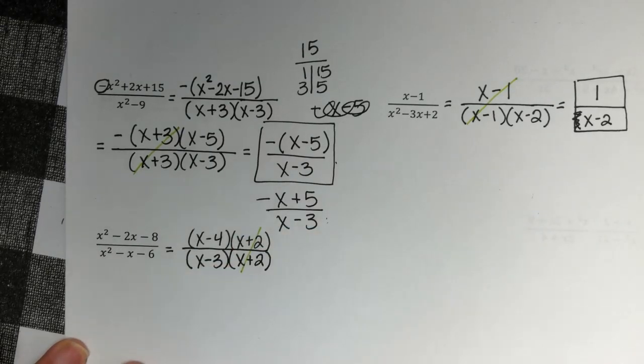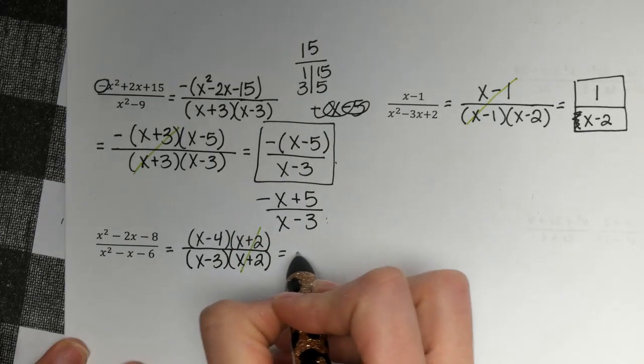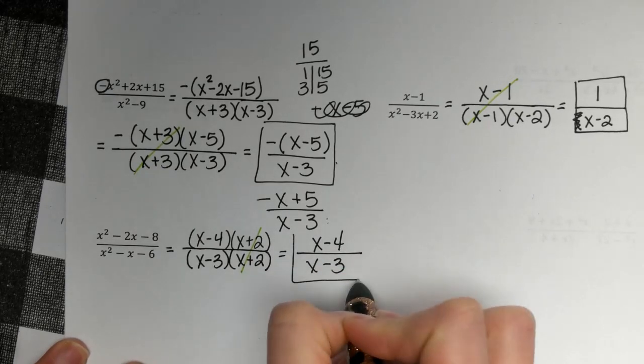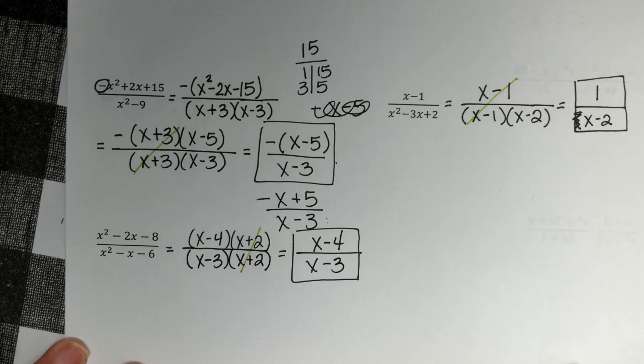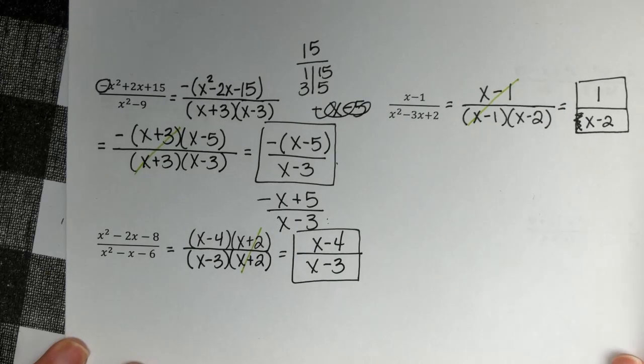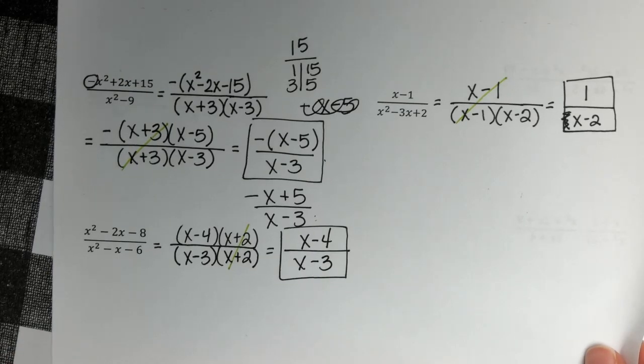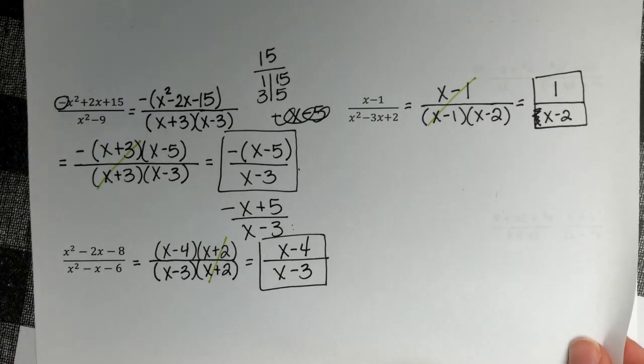X plus 2 cancels. And I have my x minus 4, x minus 3. Okay? Now I know I'm going fast with the factoring, but you should be able to factor these. These are easy factoring problems.